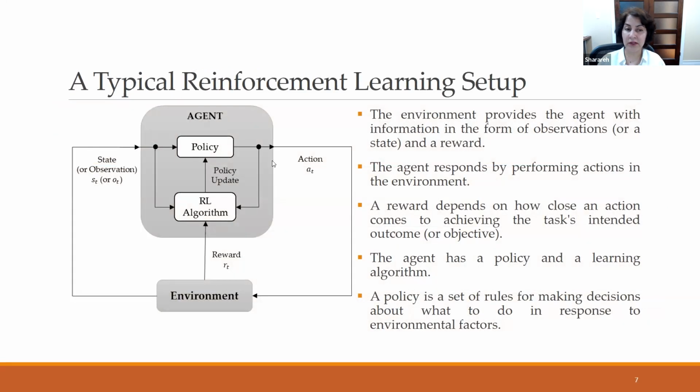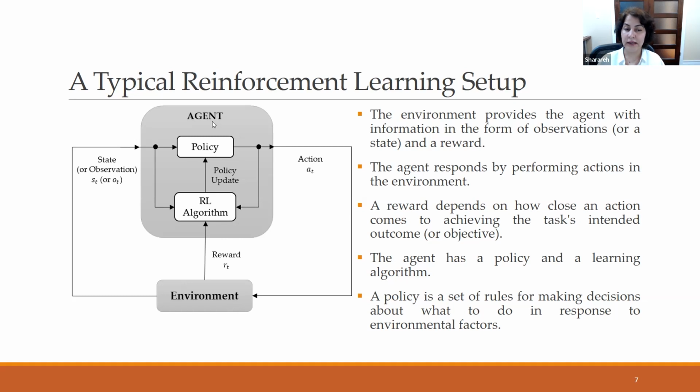But before that, because the basis of all of these methods is reinforcement learning, here is a brief introduction to how agents perform in a reinforcement learning setup. In a reinforcement learning setup, we have an agent which is interacting with an environment. The environment provides information to the agent, mainly in the form of observations, which are also defined as states.